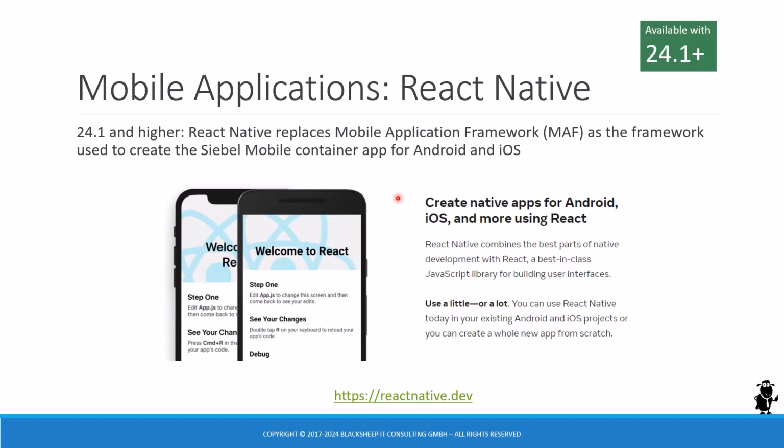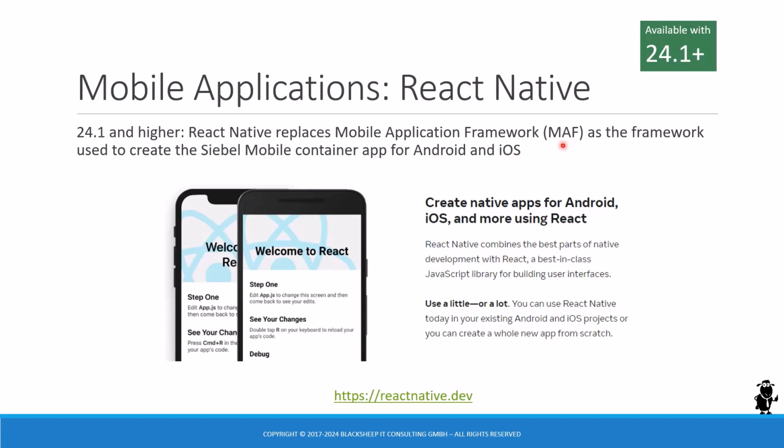And there's a container app that facilitates the deployment of these mobile applications. There are still web applications running in a browser. The mobile application, or the container app for Android and iOS, is more or less a web container, an in-app browser, if you will, that displays the Siebel web application. But Oracle changed the framework used to write that container app.